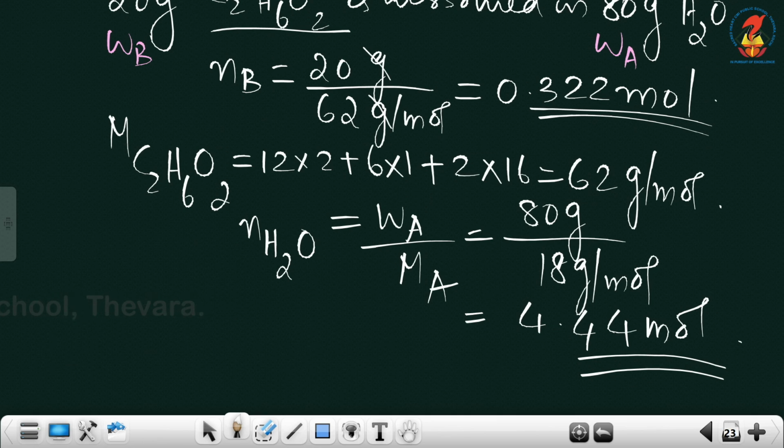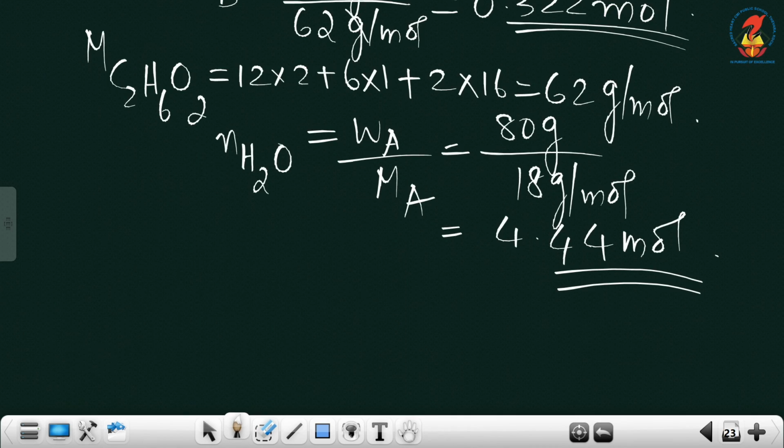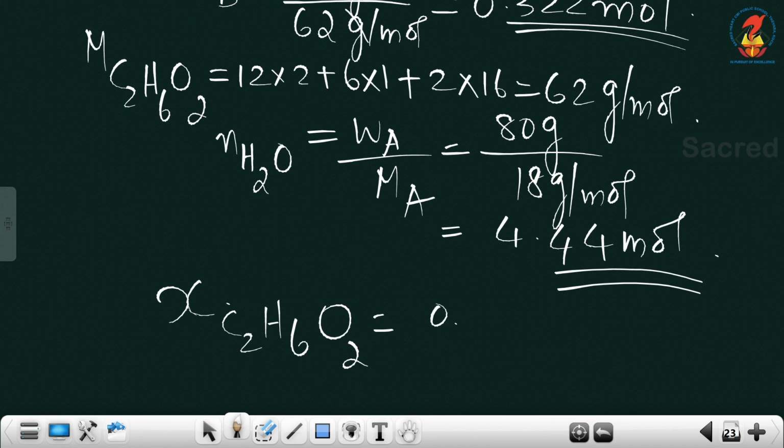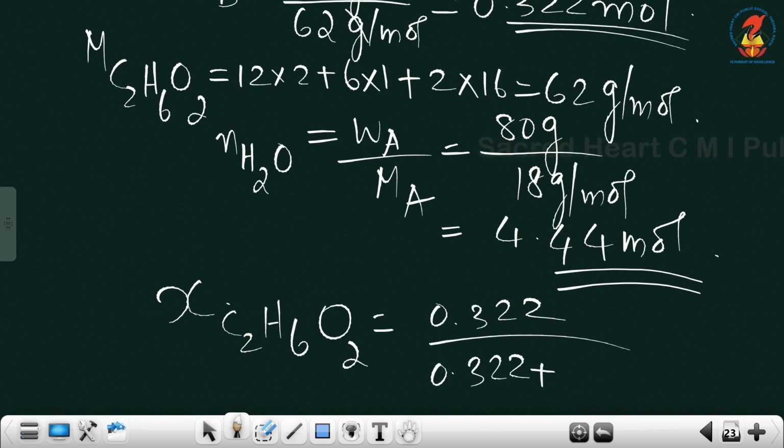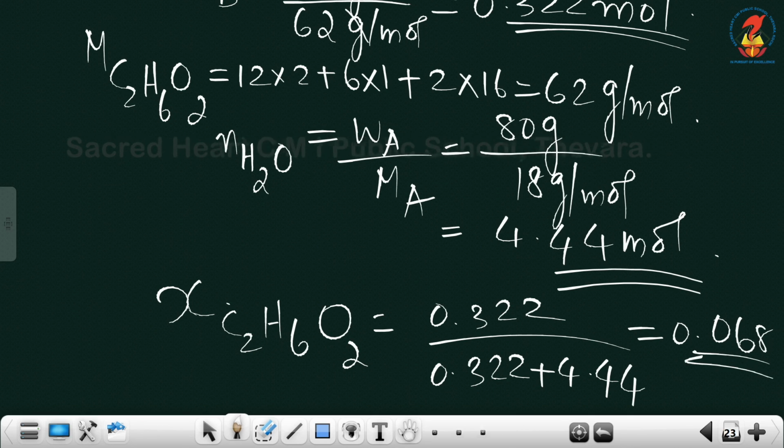Now we can substitute in the expression for mole fraction. So X of C2H6O2 will be equal to 0.322 divided by 0.322 plus 4.44, which is equal to 0.068.